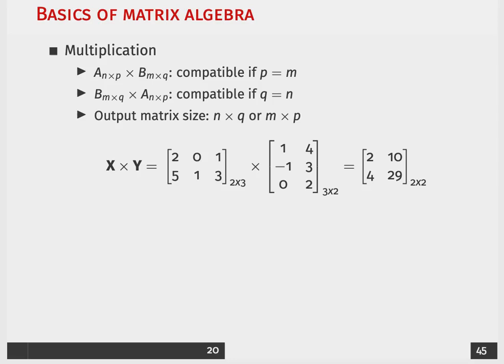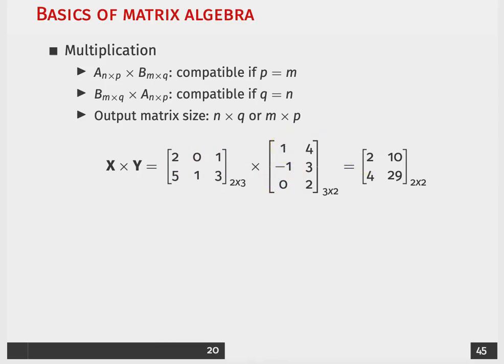I want to briefly walk through one cell in case you have forgotten your matrix algebra. To solve this top quadrant to get 2, we do 2 times 1 plus 0 times negative 1 plus 1 times 0, which again, these cancel out and we end up with just 2 times 1, which is 2.